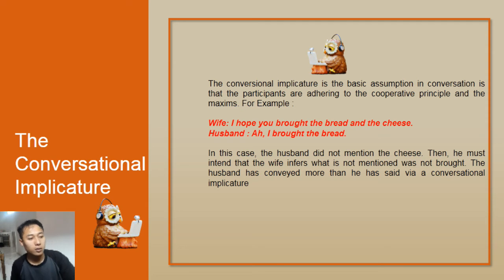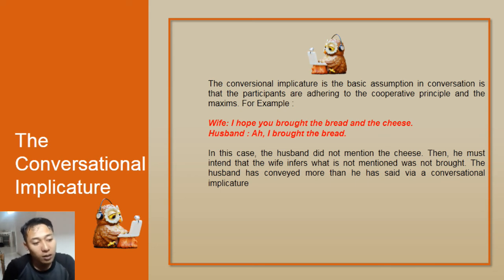Next is the conversational implicature. The basic assumption in a conversation is that the participants are adhering to the cooperative principle and the maxims. For example, wife: I hope you bought the bread and the cheese. Husband: I brought the bread.